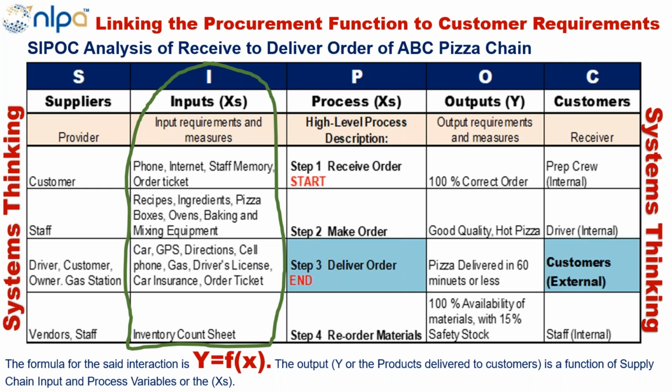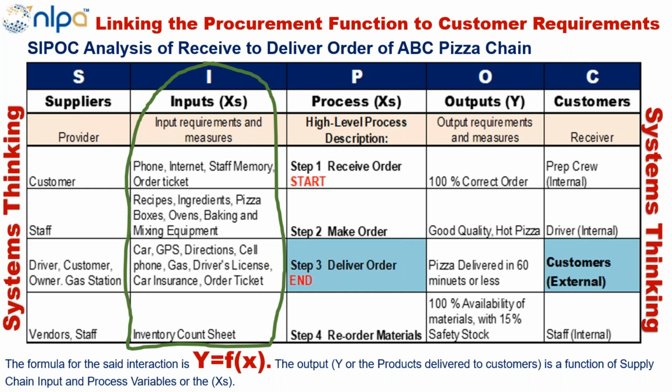So the outputs of any process or any supply chain are a function of the input variables and the process variables. For example, this COPQ chart is one for a theoretical pizza chain. If you look at the suppliers to the process, the customer will supply an order, and the staff would supply their labor and their skills and their talents.